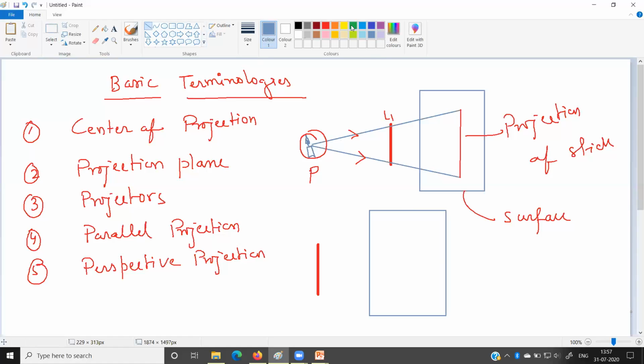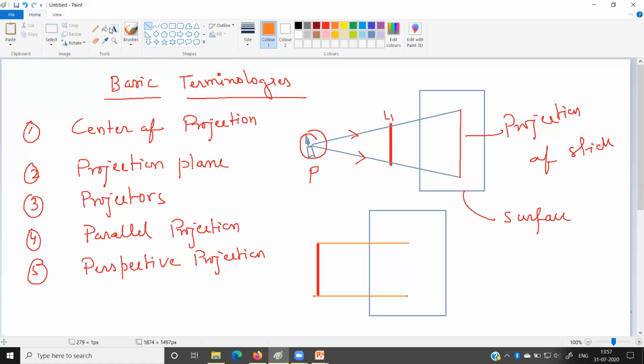Now the light rays are coming from this stick and the projectors are parallel to each other. That means the light source may be anywhere, and from those light sources the light is coming and the projection is taken on the projection plane.